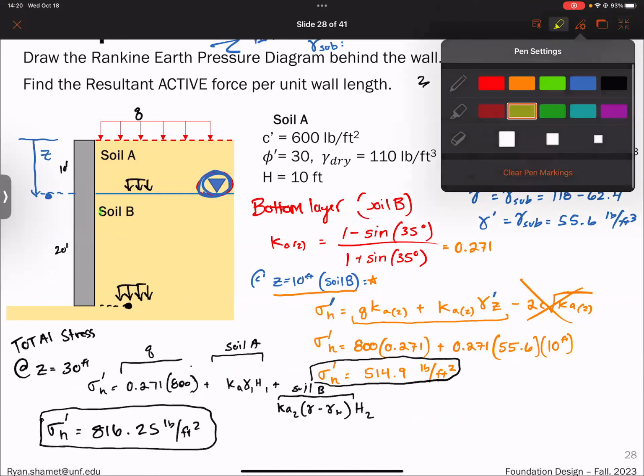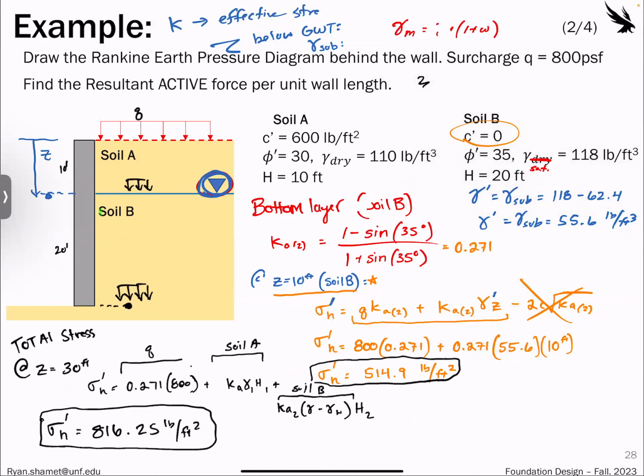Z equals 10. So yeah, because in Z equals 30, we added this soil A here. Since we are acting in soil B, we're saying that the added layer of soil A is technically acting in terms of soil B. So in this case down here, this whole layer is already accounted for right here because we are at the bottom.